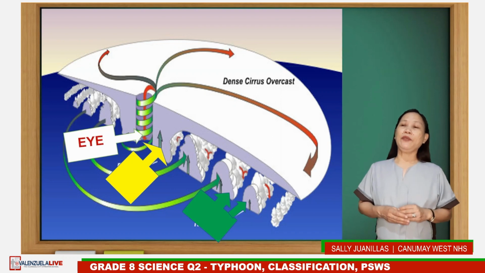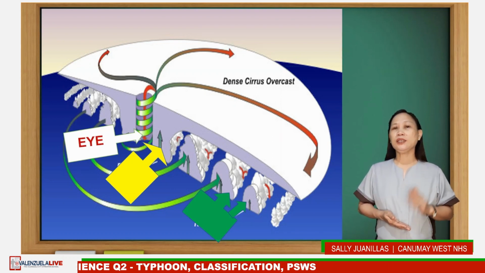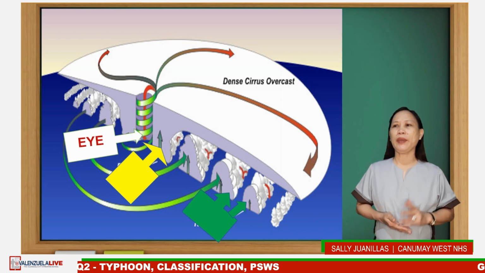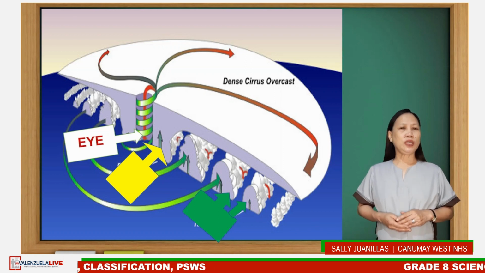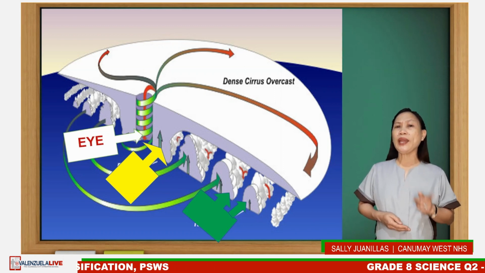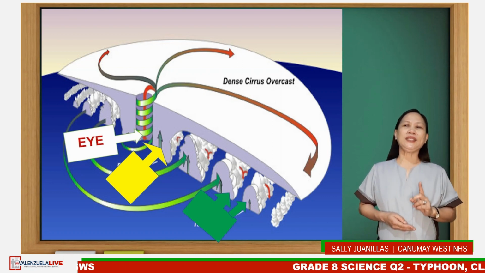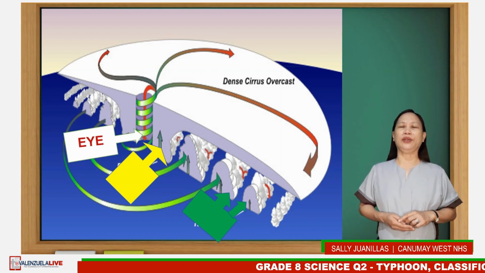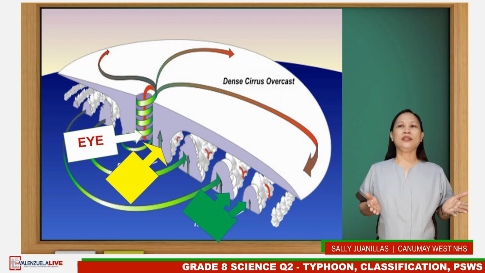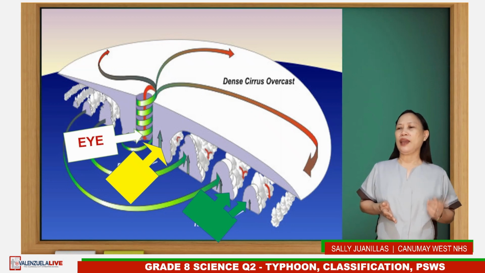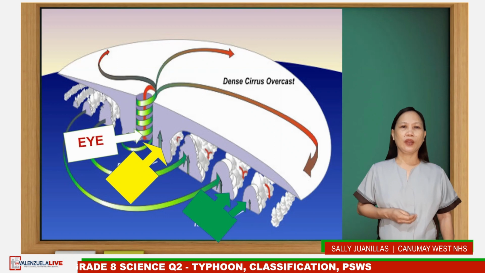The cause of eye formation probably has to do with the combination of the conservation of angular momentum and centrifugal force. The conservation of angular momentum is when objects spin faster as they move towards the center of circulation. So air increases its speed as it heads toward the center of the tropical cyclone.